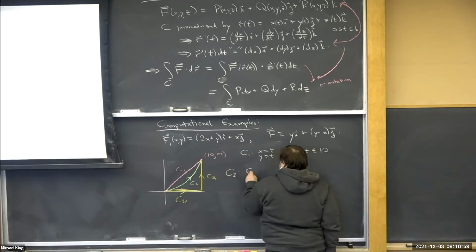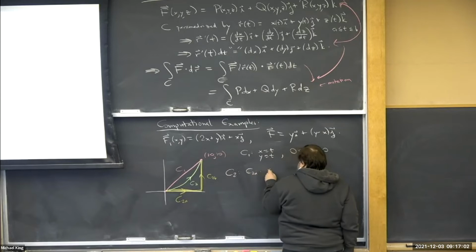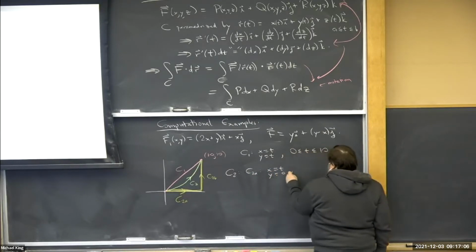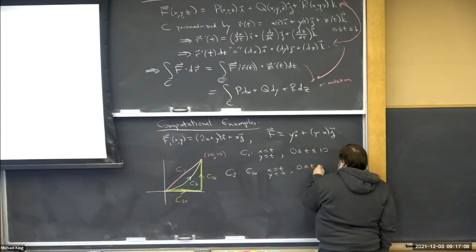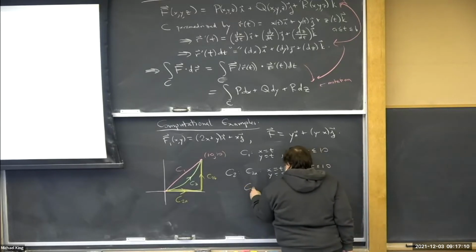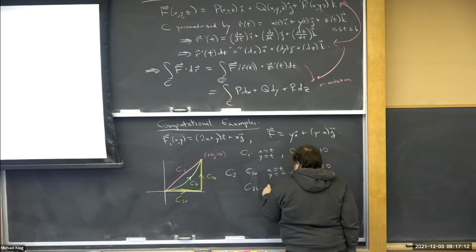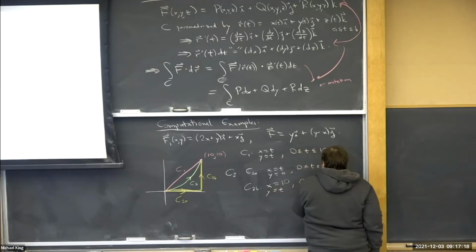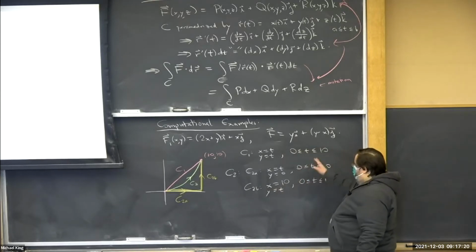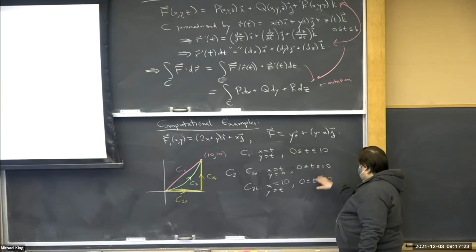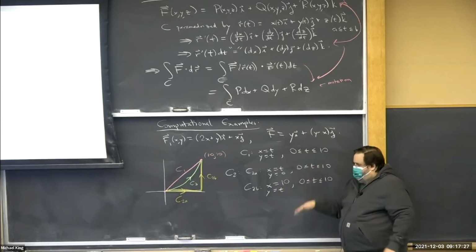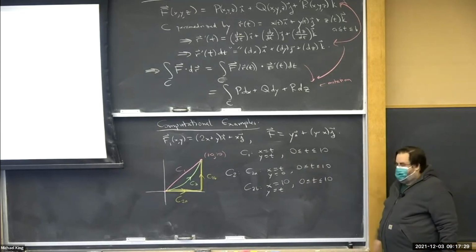C2, the first part of the path, I think you guys did this, was t and 0, and the second part of the path was 10 and t. You just set this up as 2 separate things. You can try to force this to be 0 to 20 with 0 to 10 being this and 10 to 20 being that, but you don't need to do that. You're going to have to break it up anyways.